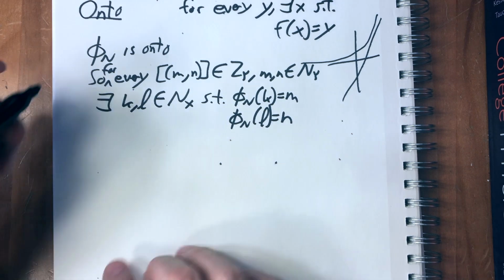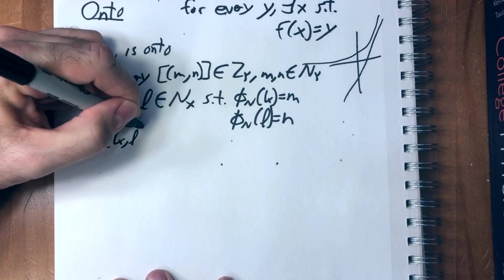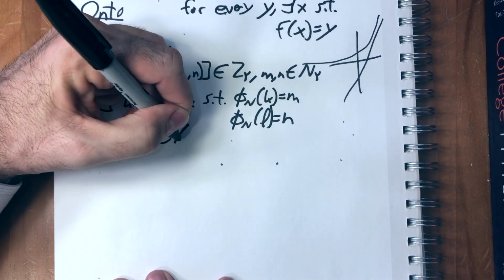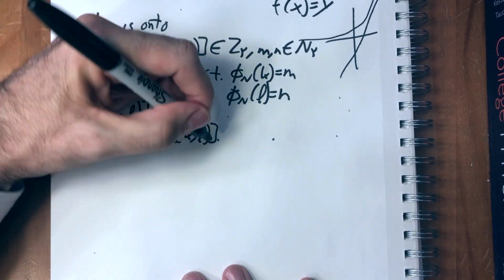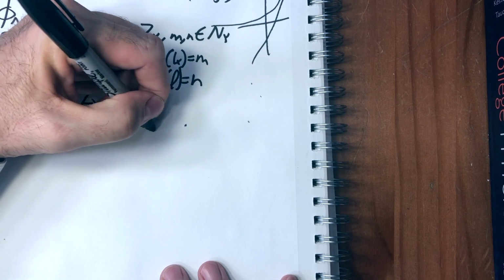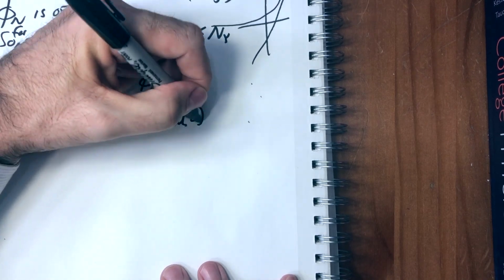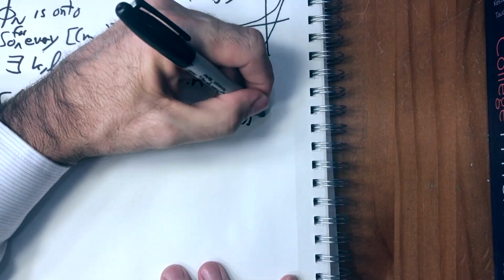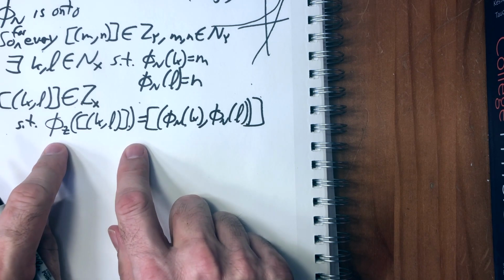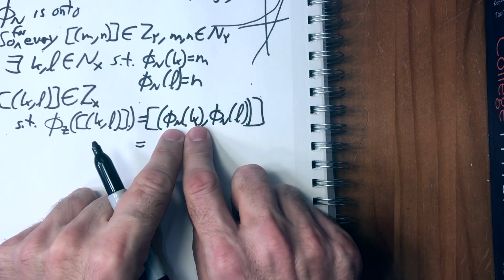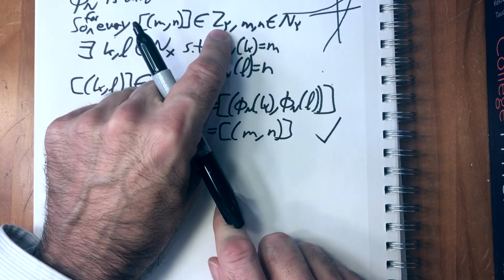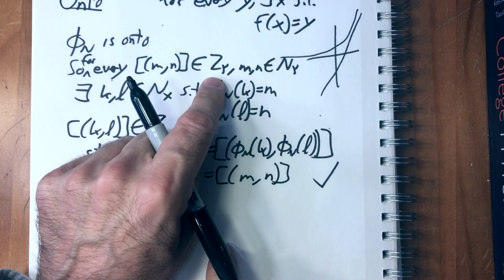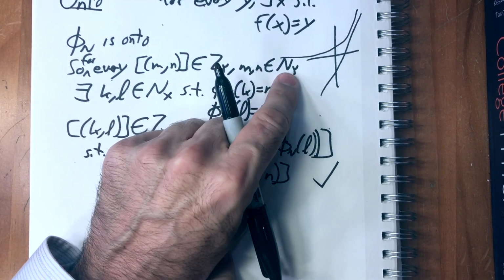So then with those kl, then k comma l is an element of z x such that phi z of that integer equals, right? This is the definition of z, equals, and this just equals m and that equals n. And that's what we needed to prove, right? So we started with an m and an n in the integers in y. So that means that m and n are the naturals in y.